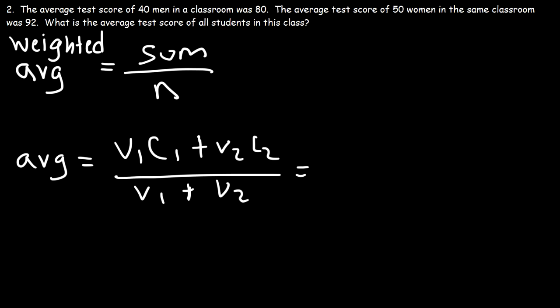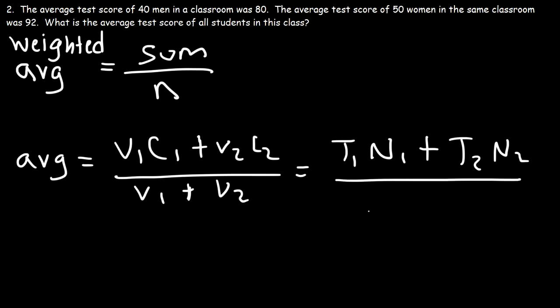The total sum of the scores of all men in the classroom is going to be T1 times N1, where T1 is the average test score and N1 is the number of men in the classroom. And then T2 is going to be the average test score of the women in the classroom, where N2 is the number of women in the classroom, divided by the total number of students.